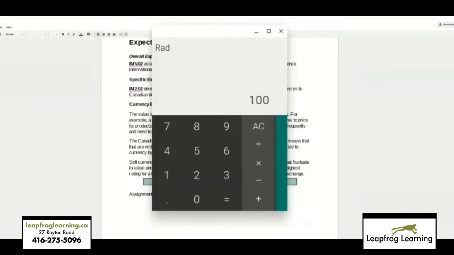If today's exchange rate was 75 cents US to Canadian, I would simply multiply it by the percentage, 75%, 0.75, which means I would get $75 US.